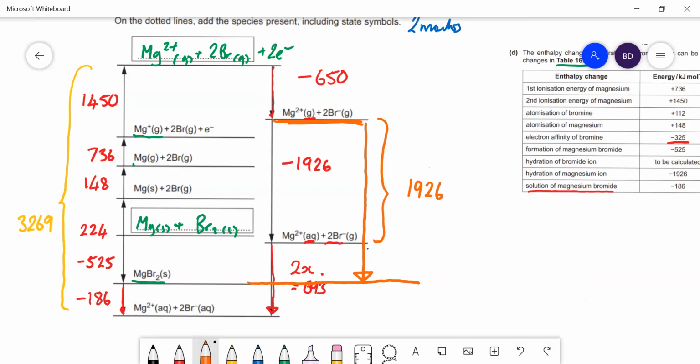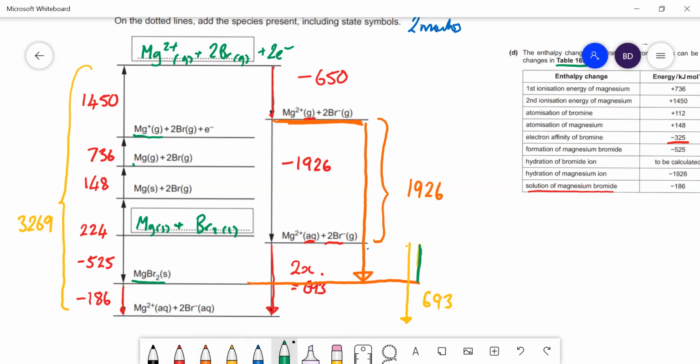So how are we going to work that out? Well, we know that that bit there, I'll do it in yellow, is the hydration of the bromide ions, which was 693. But we need to subtract from it this little green bit here, don't we? And what is that green bit?